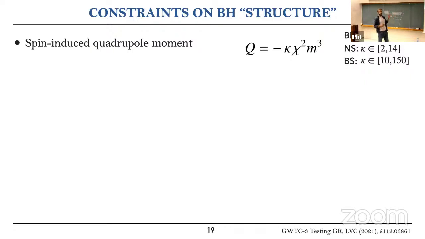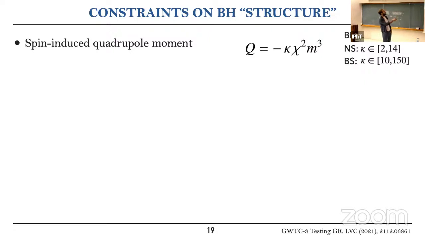If the black hole is spinning, the spin will give it a quadrupole moment. Here chi is the dimensionless spin of the black hole, then there is the mass, and k is a constant, which for black holes is 1. For neutron stars it is somewhere between 2 and 14, and for boson stars, for example, between 10 and 150.